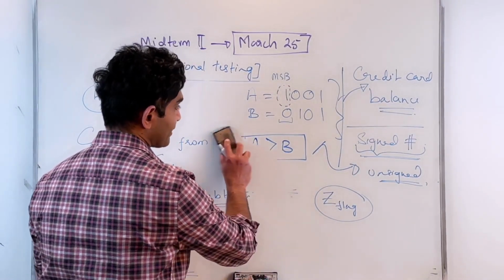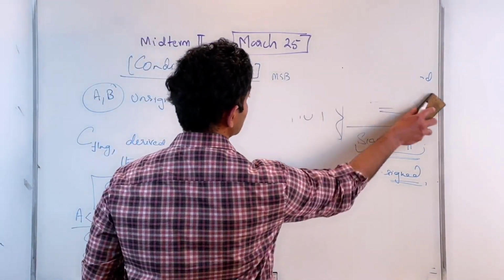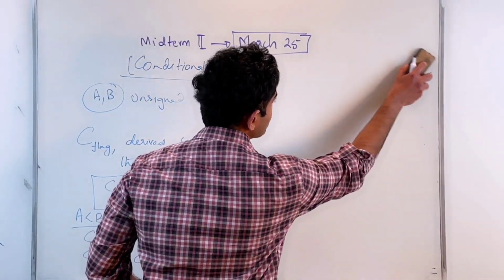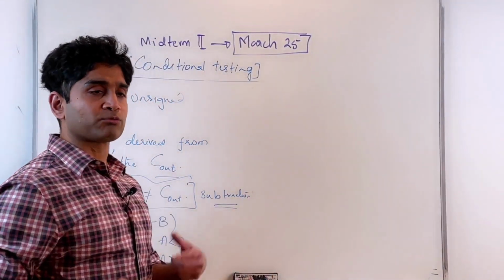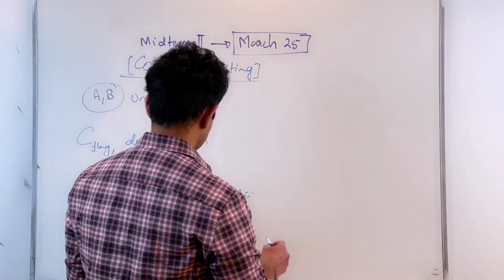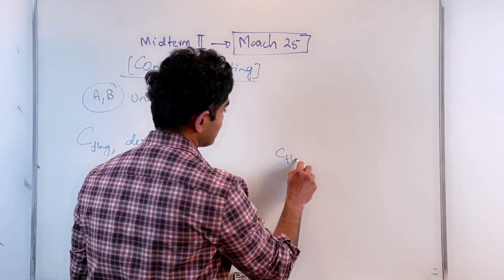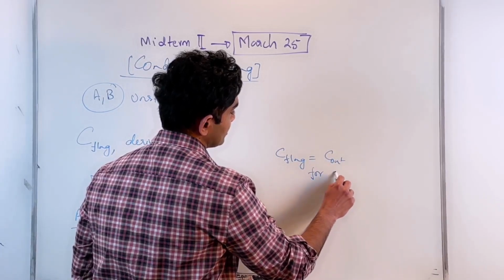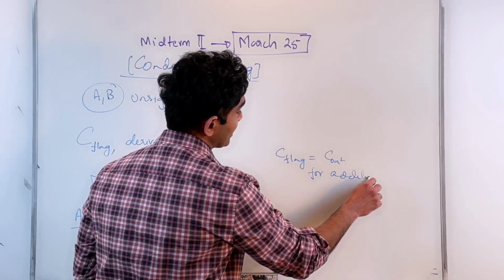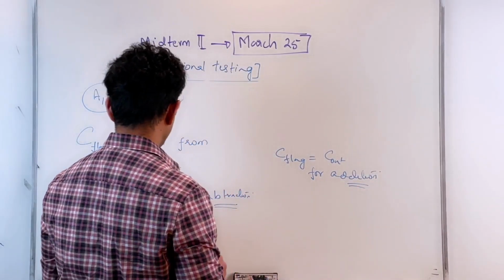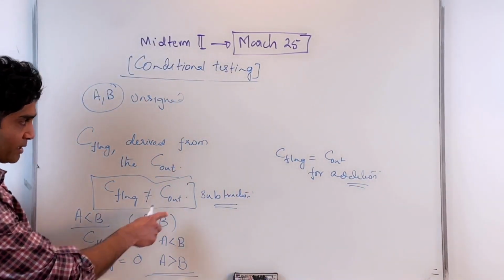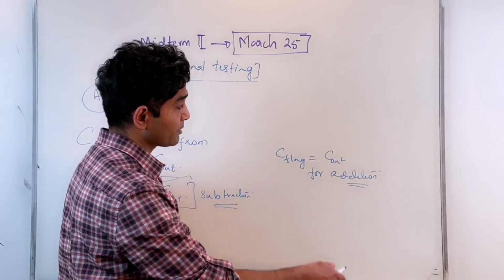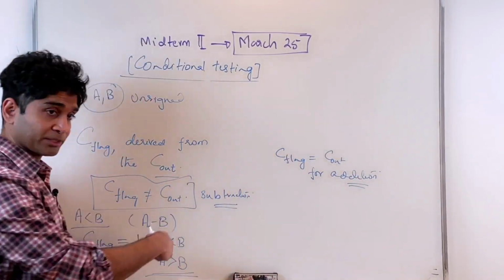We wanted the C flag to be equal to C out during addition operations, because I wanted to use the C flag also as an overflow flag. So C flag equals C out for addition. In one case I don't want to invert C out, during the addition operation, and during the subtraction operation I want to invert it.